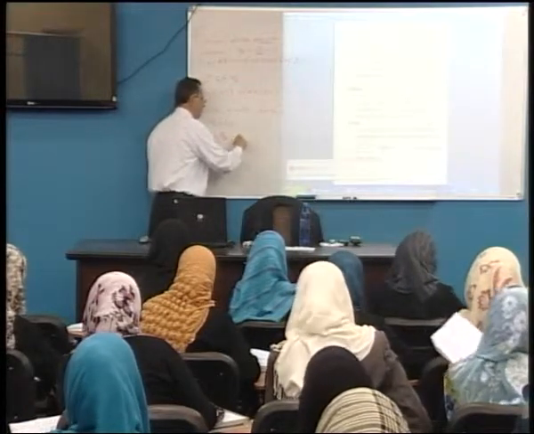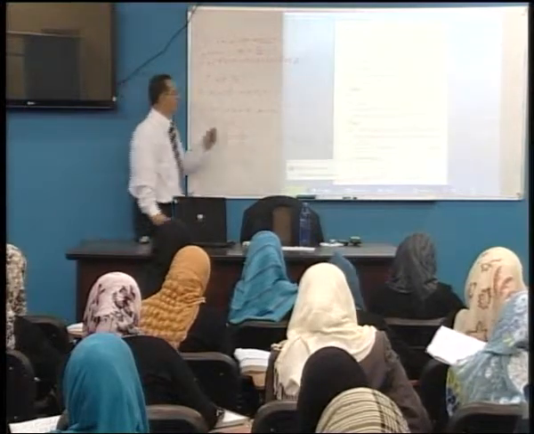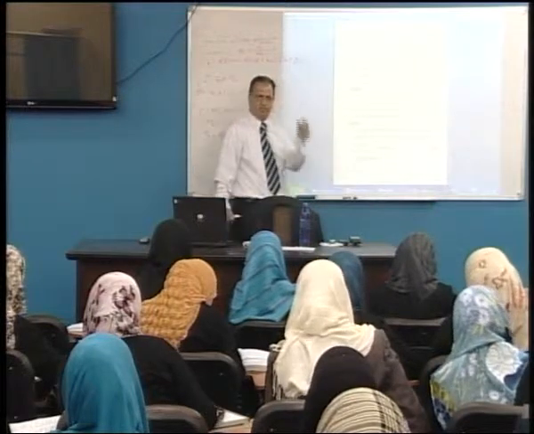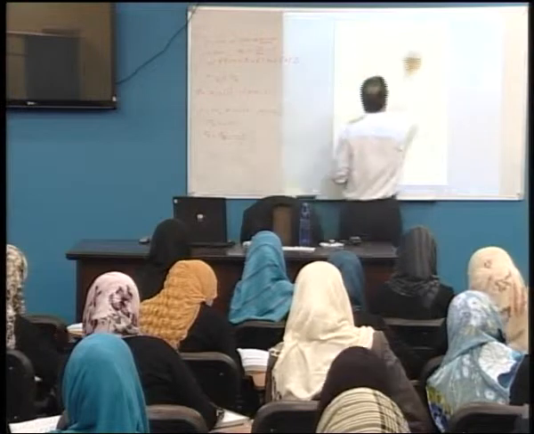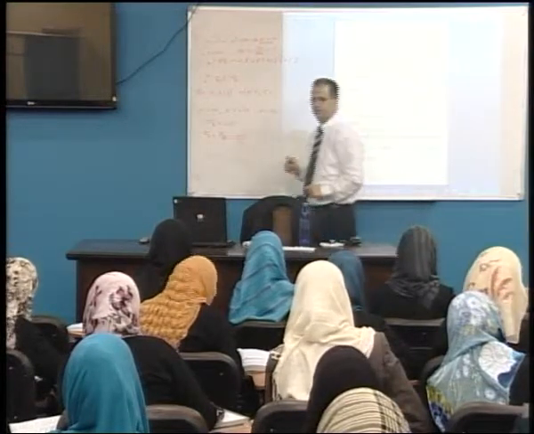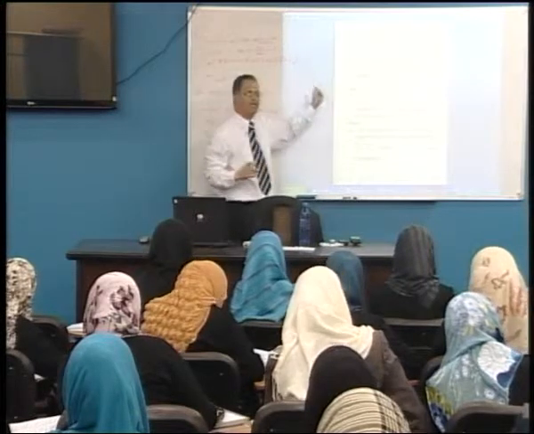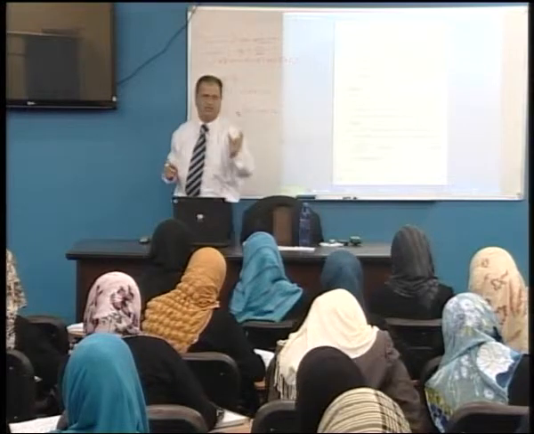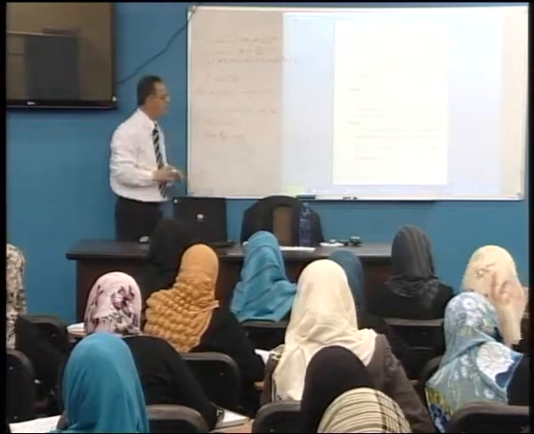So 0.15 divided by 6. So it's incorrect, that's false, because this value is just the standard deviation. But he asked about the standard error of the sampling distribution of the sample mean, and standard error means the standard deviation of the sample mean. So we have to divide sigma by square root of n.